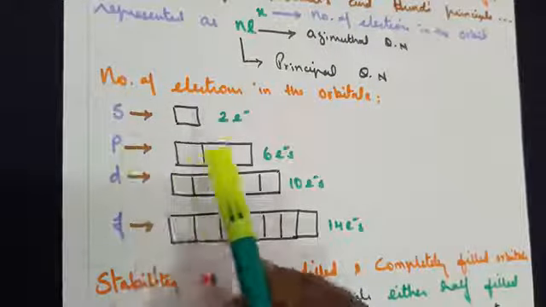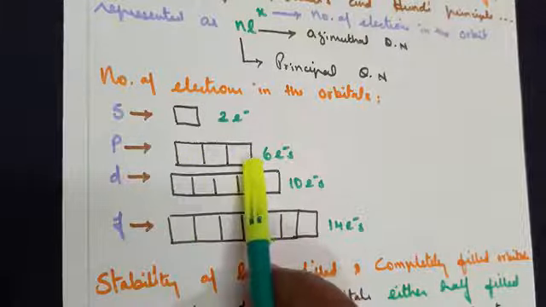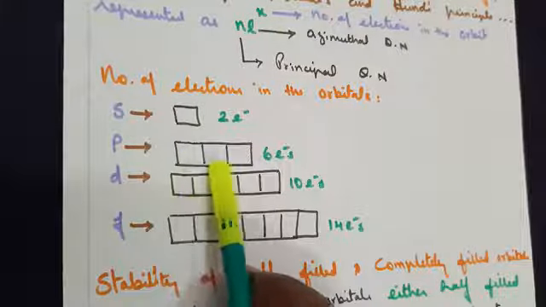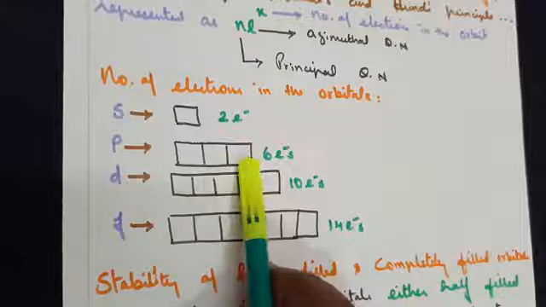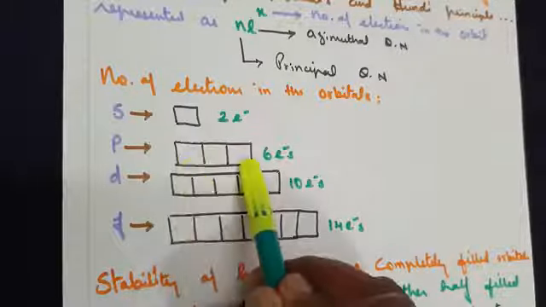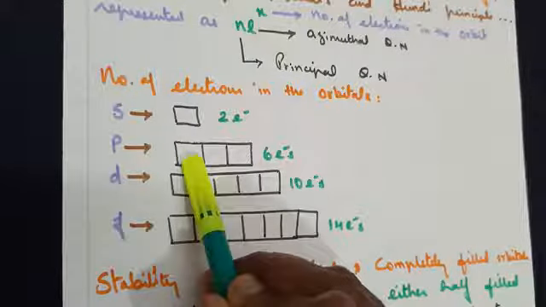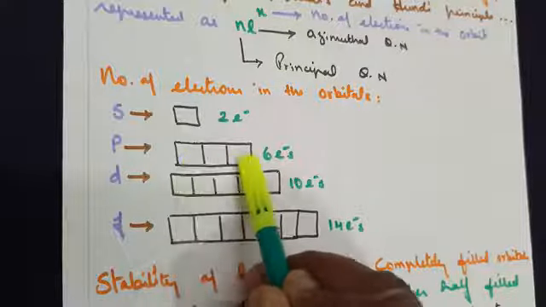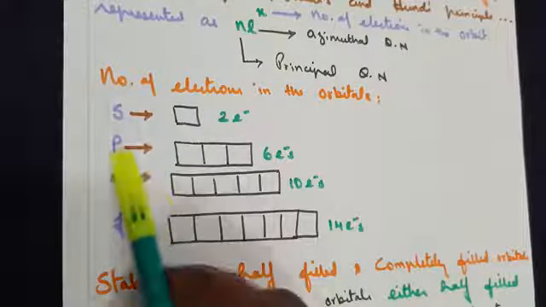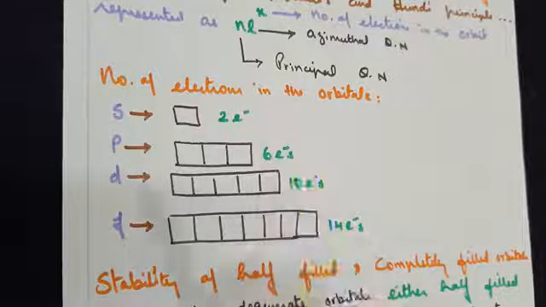For the p orbital, 3 orbitals are available, px, py, pz, which are degenerate orbitals. Each orbital can have 2 electrons, so 3 twos are 6 electrons. So the p orbital's maximum number of electrons is 6.